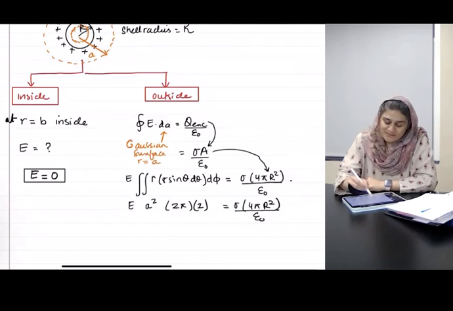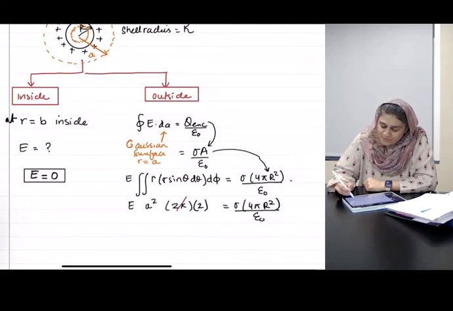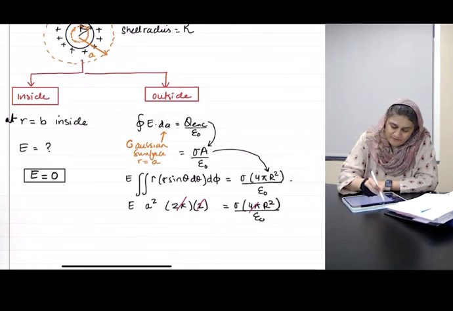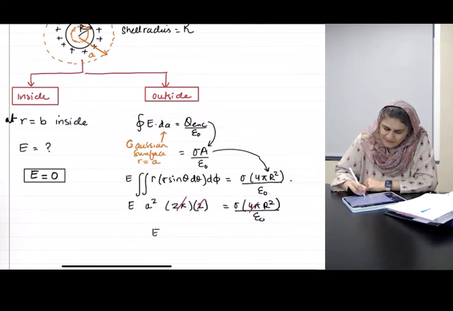Okay, so once that is done, that gets canceled. And what am I left with? E equals sigma R squared divided by epsilon naught A squared.